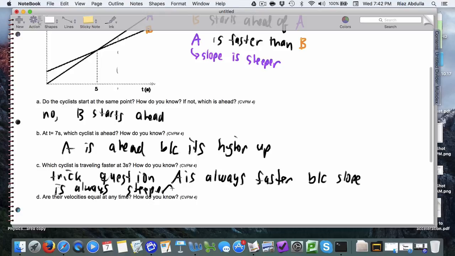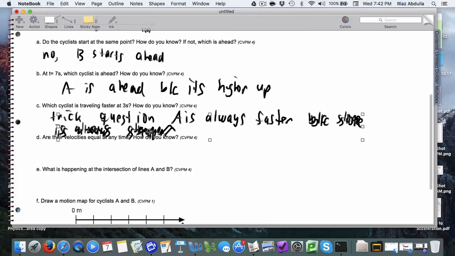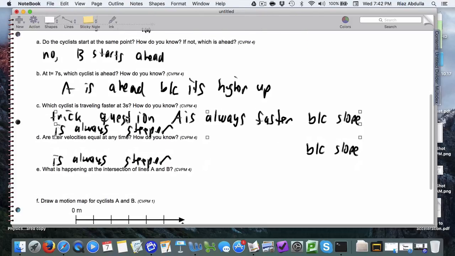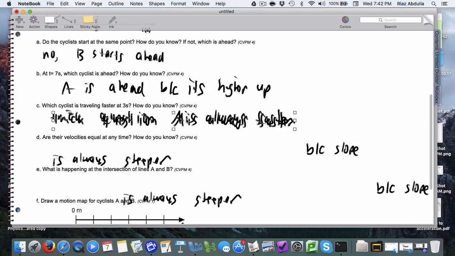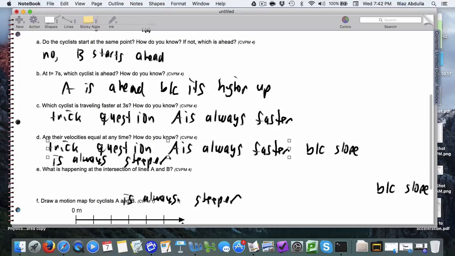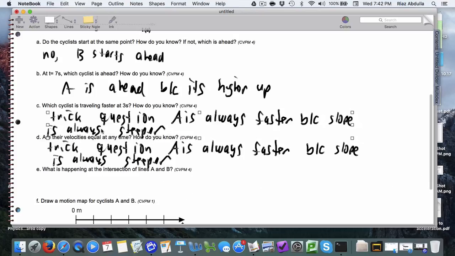And I'm just going to be really clear here. Letter D, a trick question. A is always faster because its slope is always steeper.